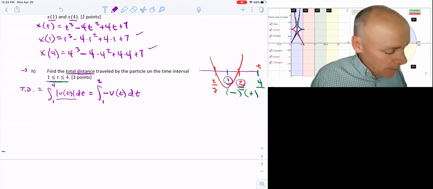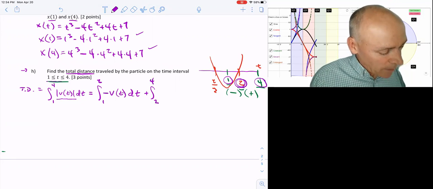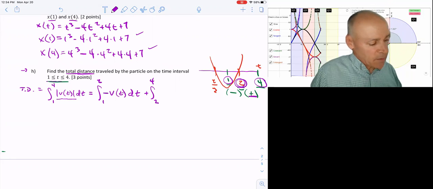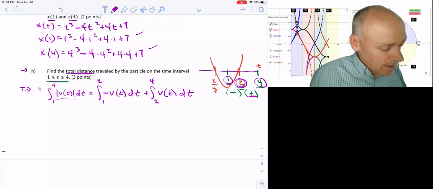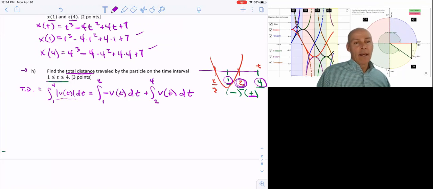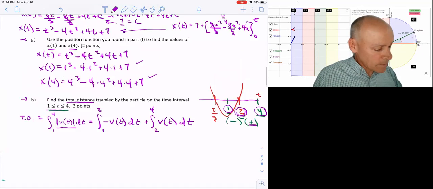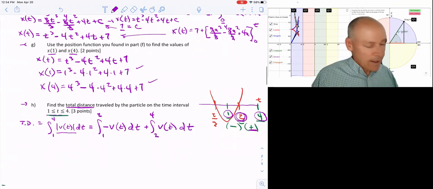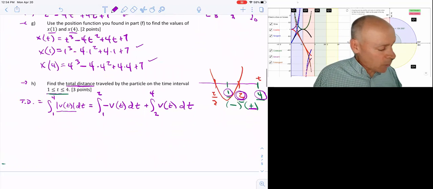My second integral is the remainder of the interval, from 2 to 4, where velocity is positive, so my integrand is just v of t dt. Algebraically, I could just drop in the velocity function, use FTC part 1, come up with both of those and get my answer.